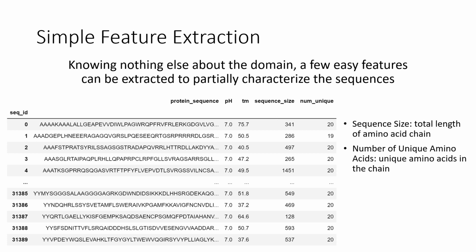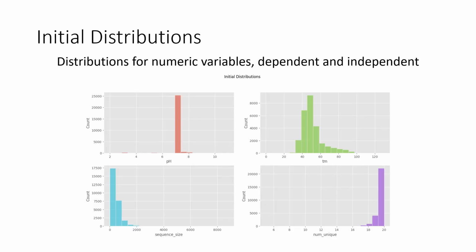So the easiest ones here are the length of the sequence, which varies widely, and the number of unique components of the sequence. So that's the number of different amino acids. Doesn't vary as much, but there does seem to be some significant difference for especially smaller protein sequences which have limited enzymes. There can be an increased ability to anticipate how they're going to behave.